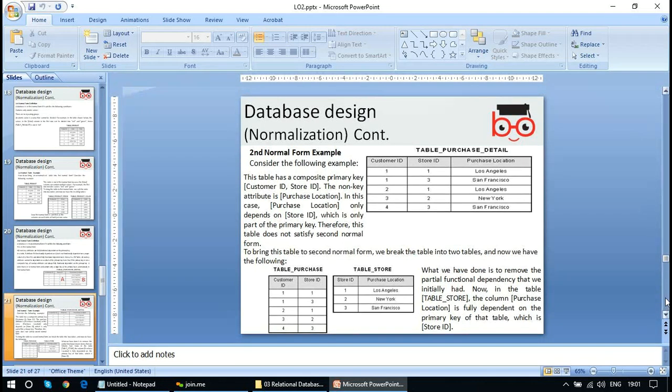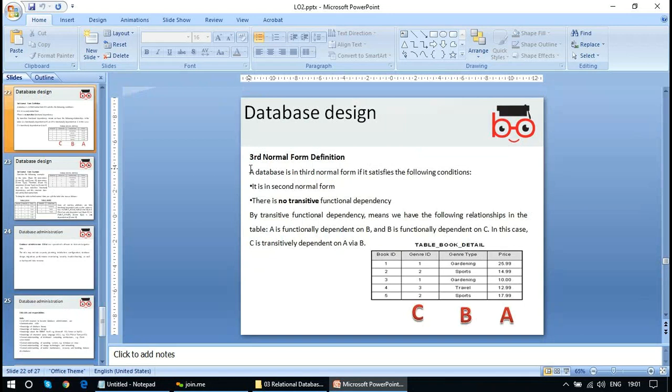Now the third normal form. A database is in third normal form only if it satisfies that it is in the second normal form first. And what is the condition of the second normal form?